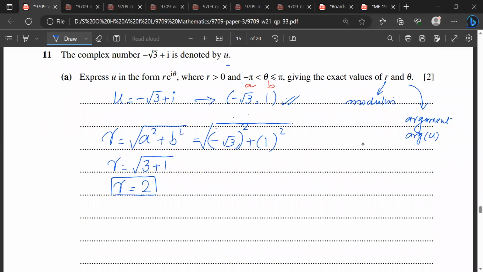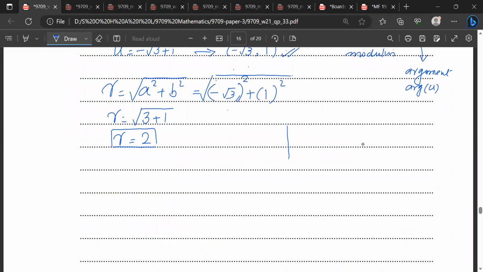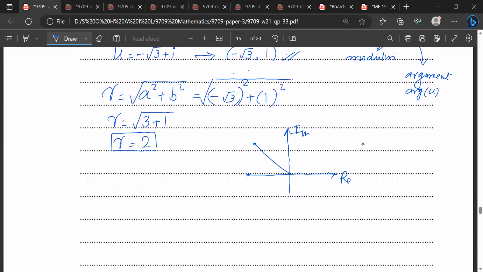Minus root 3, 1 is in the second quadrant. Real axis, imaginary axis. So second quadrant, minus root 3, 1. Now the argument.